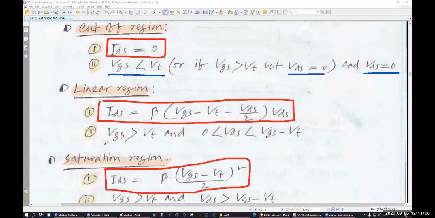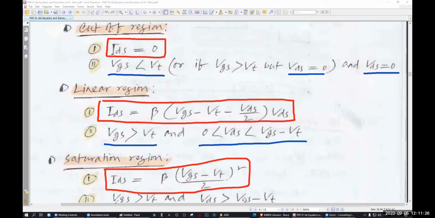When your VGS is more than VT, and your VDS is more than 0 but less than VGS minus VT, that time it is linear.